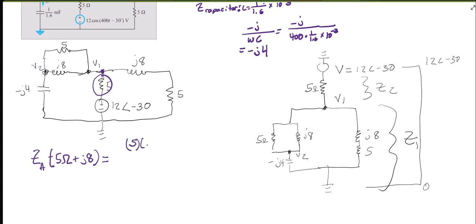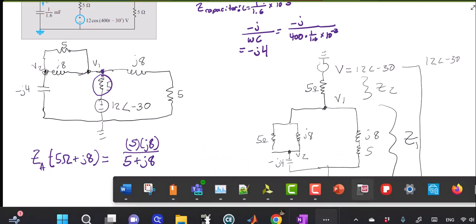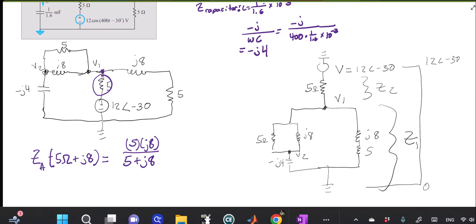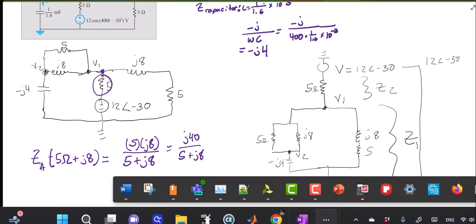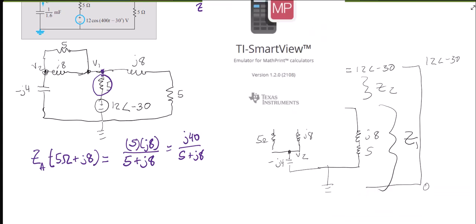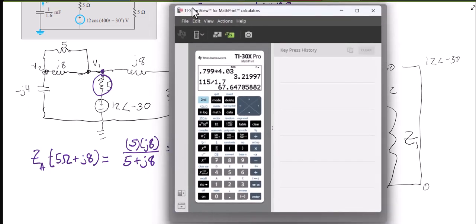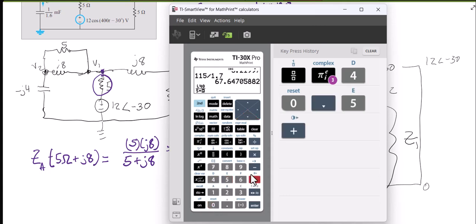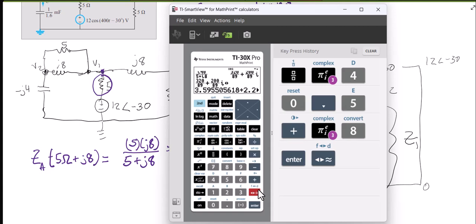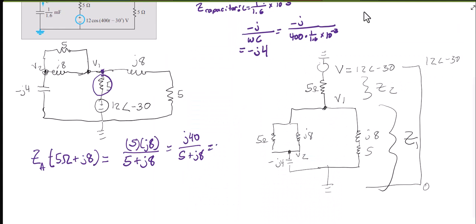So that'll be 5 times J8 over 5 plus J8, which is J40 over 5 plus J8, which is 3.596 plus J2.247.